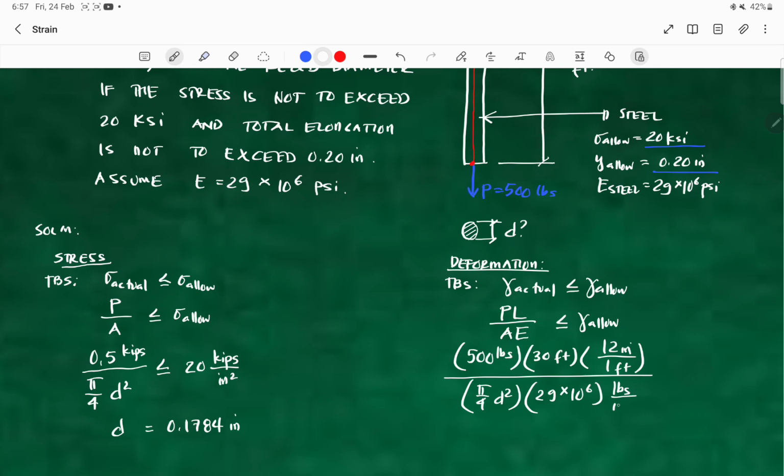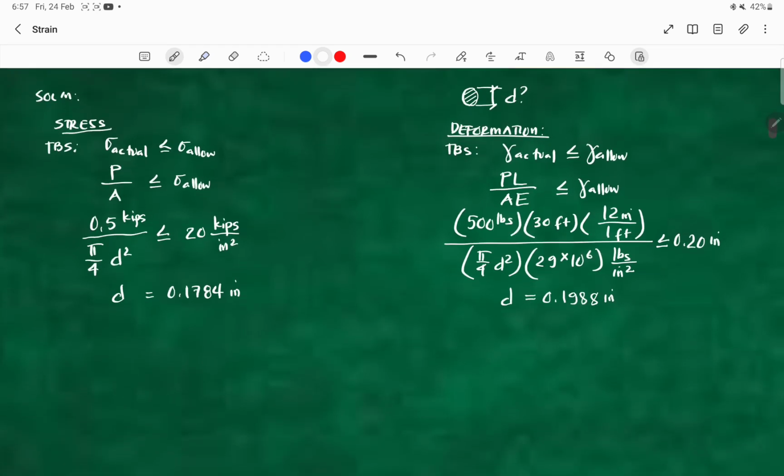PSI is pounds per square inch. So, this must be less than or equal to 0.2 inch. So, we are consistent sa unit natin. We can now get the value of D, which is 0.1988 inch.